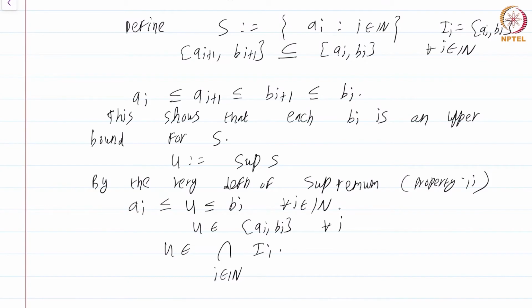So we have found an element U that is there in the intersection. This concludes the proof of the nested intervals theorem.